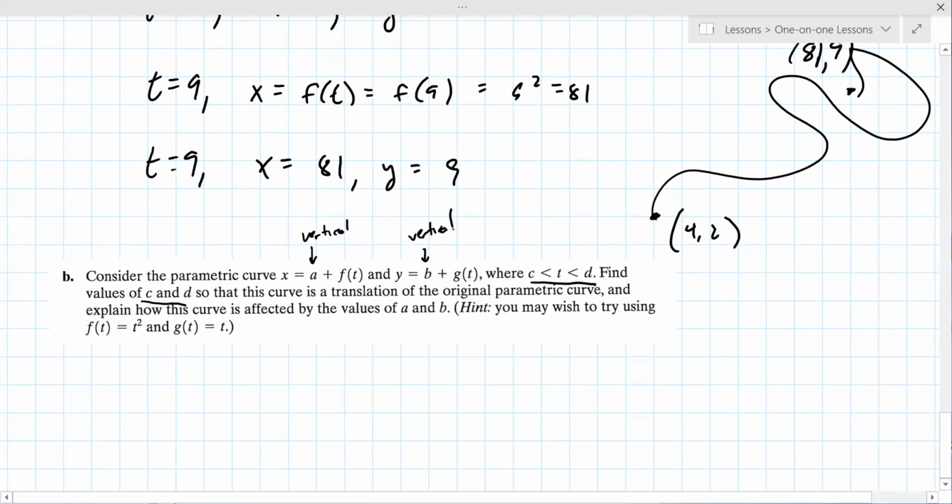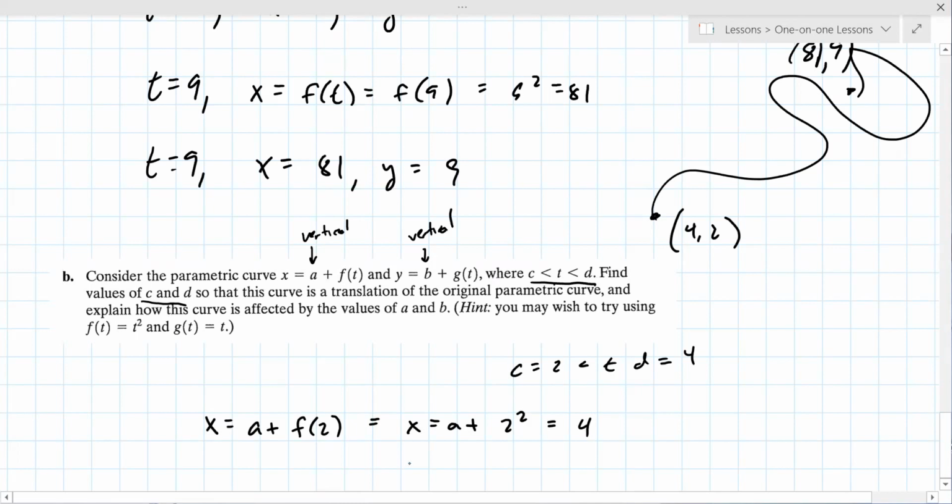C and D. Okay, let's just pick some numbers. Let's say C is 2 and D is 4. So x is going to equal a plus f of 2, which we know is a plus 2 squared, which equals 4.